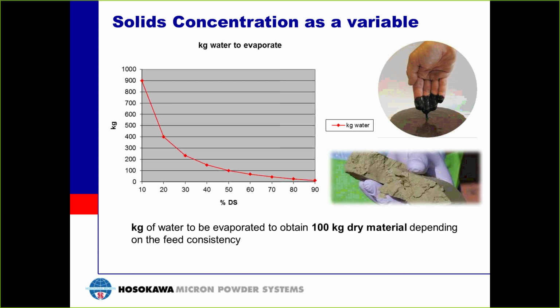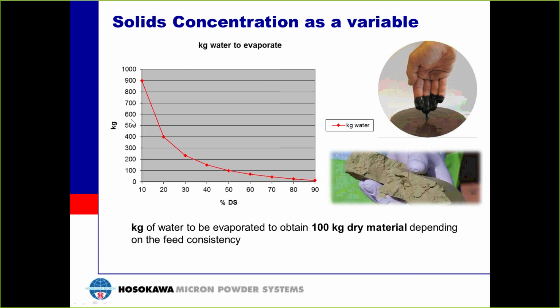Looking at this slide shows a good point I would like to make, and that is that solid concentration as a variable can have large effects on how much energy is going to be required for your system. What this shows is as you vary the percentage of solids in your feedstock, you can greatly vary how much energy you're going to have to put in for drying.